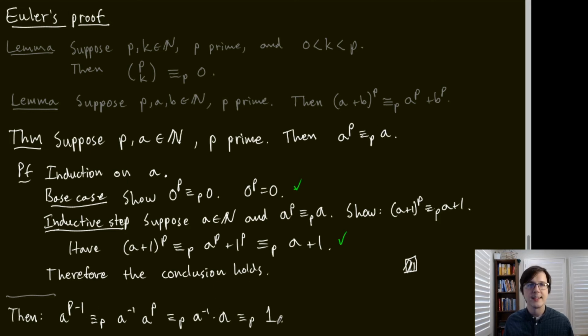So that's the other form of Fermat's little theorem. And that's if a is not congruent mod p to 0.